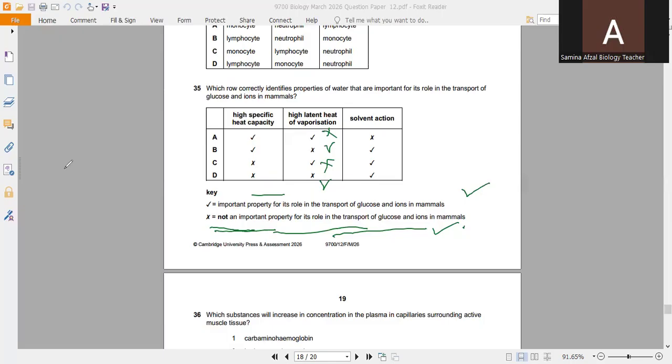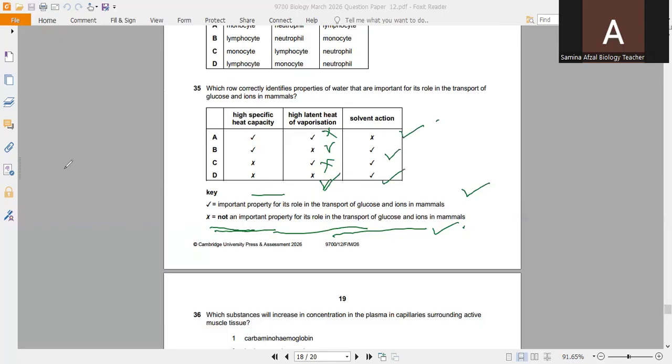Next, solvent action. Water is a polar molecule, allowing it to form hydrogen bonds with other polar substances and interact electrostatically with charged particles. This enables them to dissolve completely in blood plasma and tissue fluid so they can be transported around the body. So this is the yes.